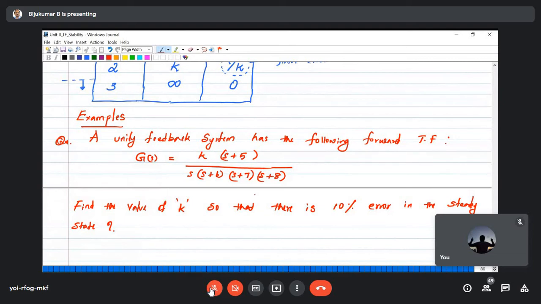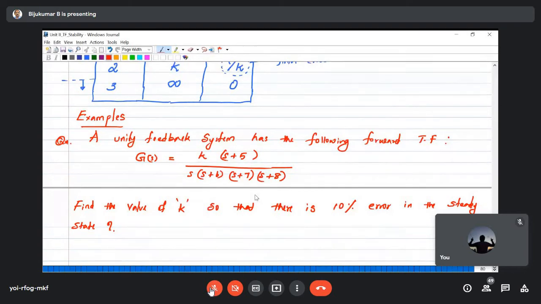Okay, how will you find it? The forward transfer function G of s is given as K multiplied by (s plus 5) divided by (s plus 6), (s plus 7) and (s plus 8). So the question is to find the value of system gain so that the system steady state error is 10%.